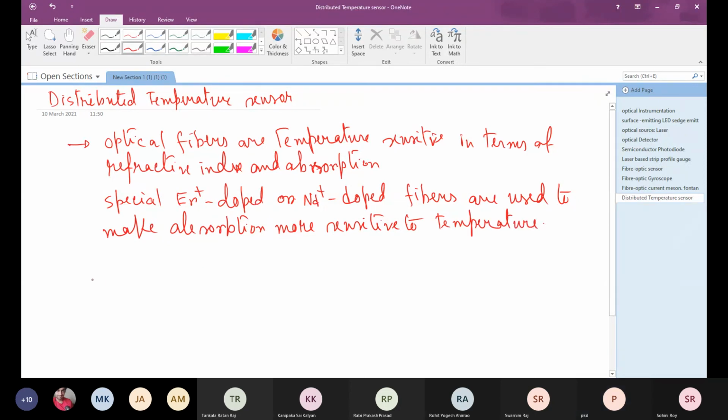Now, sir, ER is what? Erbium, yes, and this is neodymium.